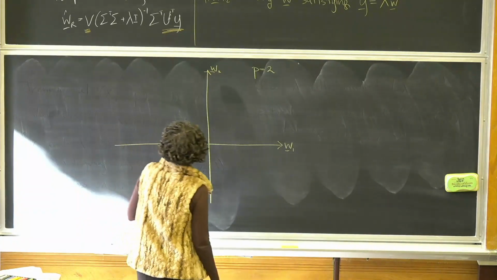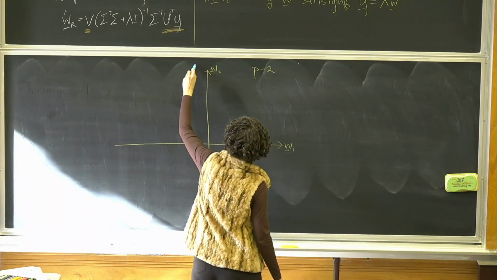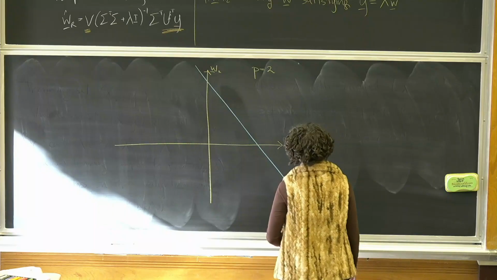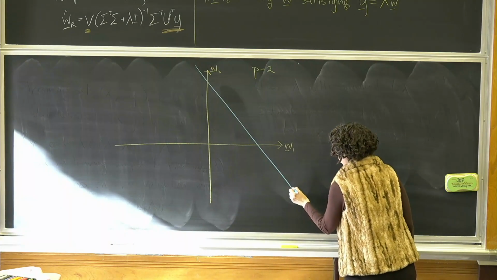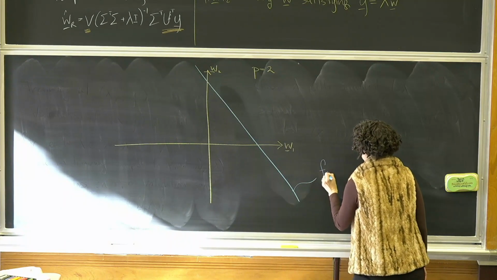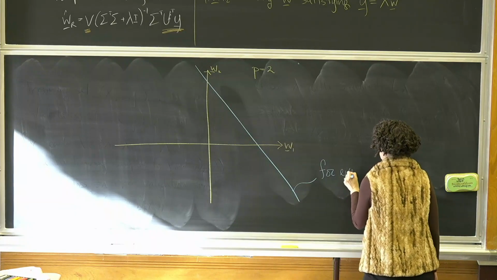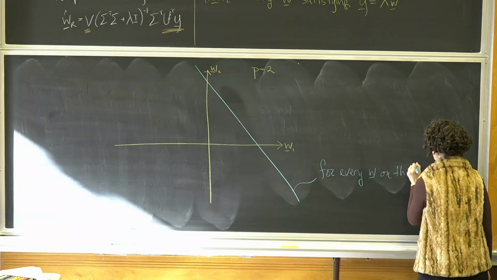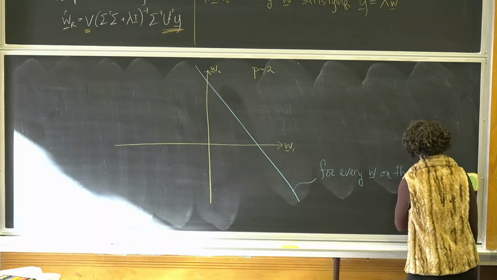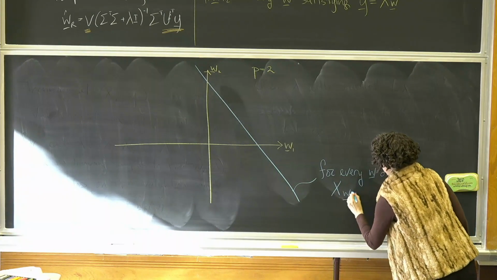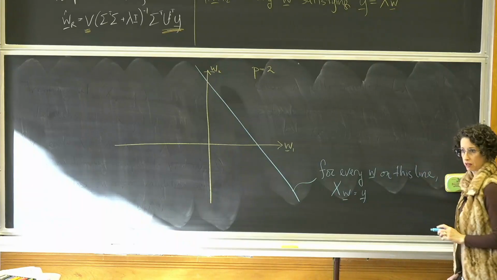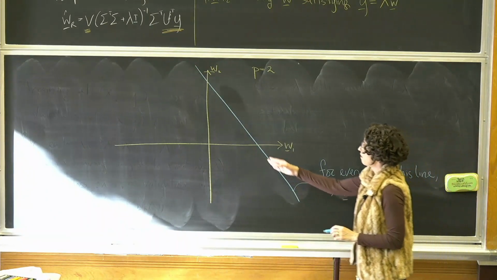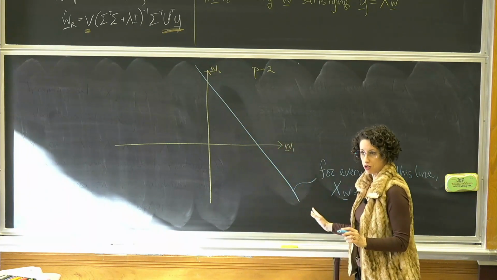So I'm going to draw a line here, like this. For every point on this line, Xw is equal to y. So these are all possible weight vectors that fit my training data.